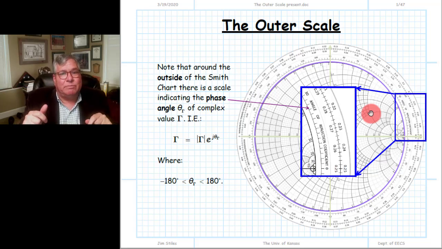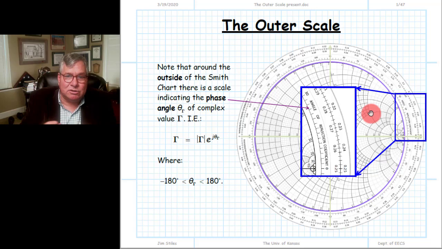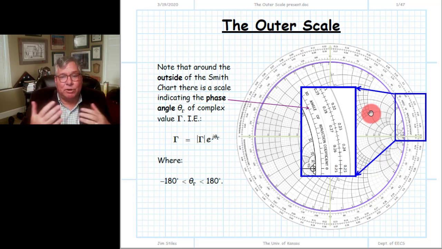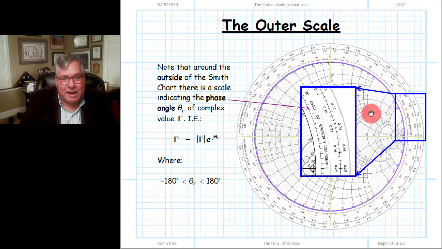Now, anytime we're talking about an angle around a circle, there's an ambiguity in terms of how we define it. We know that the circle will have 360 degrees or 2 pi radians, but where we declare the angle 0 to be is one issue, and the other is how we describe the domain of that angle.